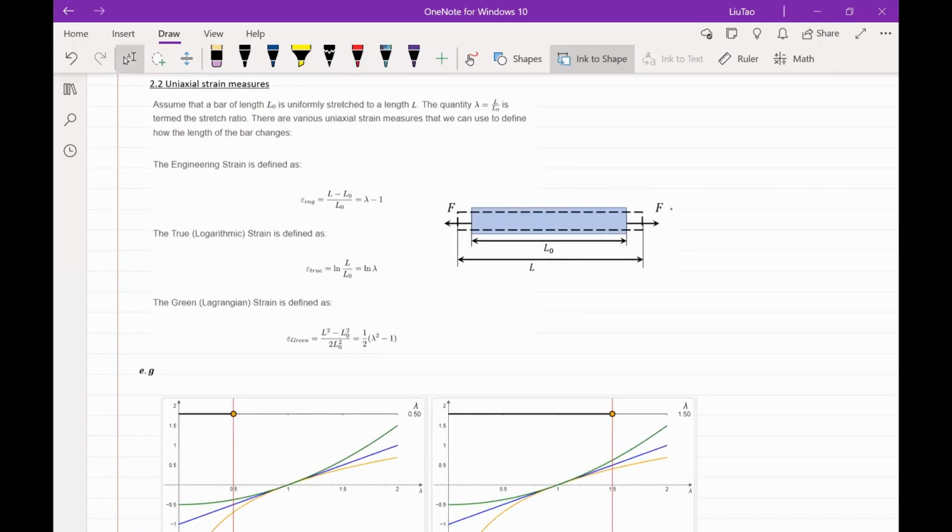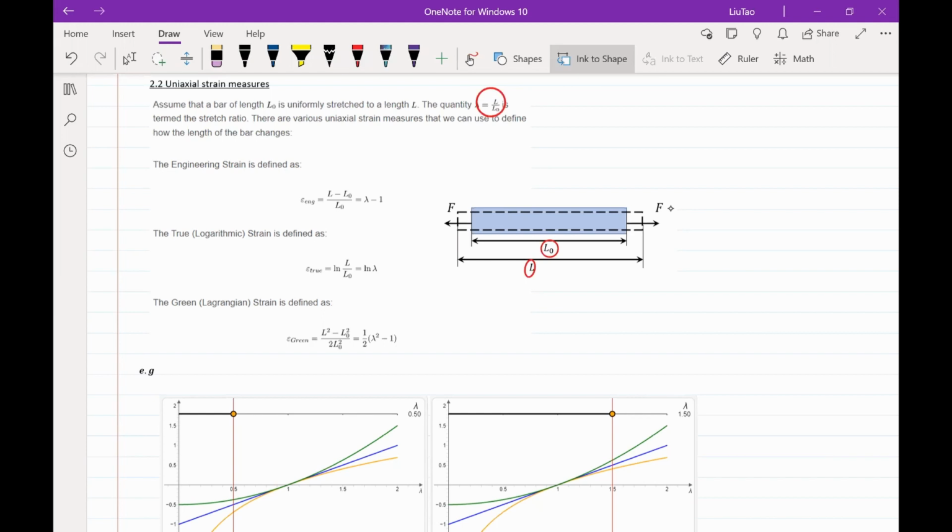Now we will take a look at uniaxial strain measures. Assuming that the length of a bar is L0, and it is stretched to the length of L by exerting a force of F. Then we define the ratio between L and L0 as lambda, which is also called the stretch ratio.